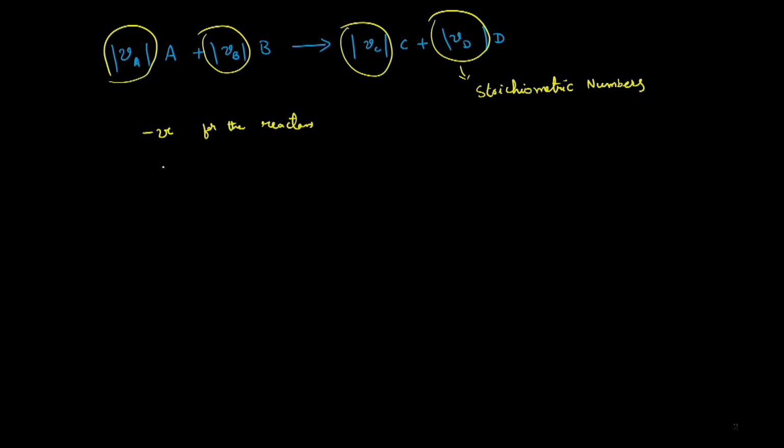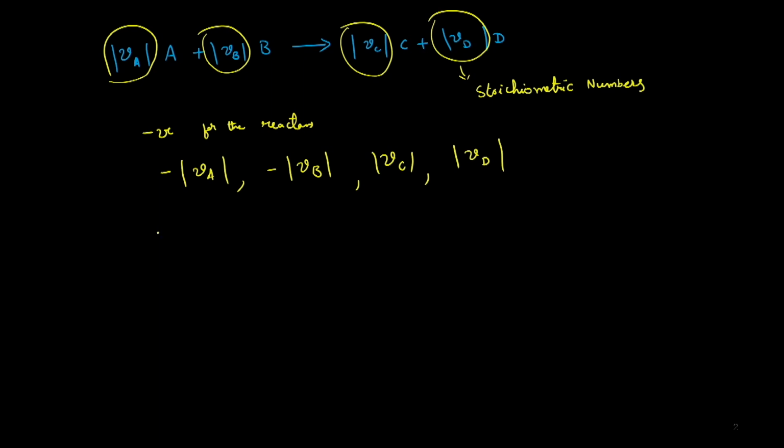So for A, the stoichiometric number is actually negative of nu A. For B, it is negative of the absolute value of nu B. For C, it is positive. For D, it is positive. So these are the actual stoichiometric numbers for each of the four species present in that particular reaction.